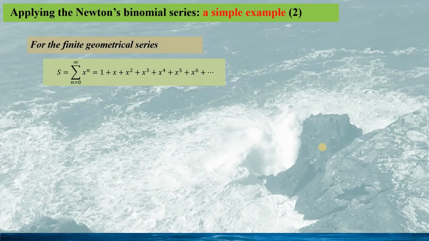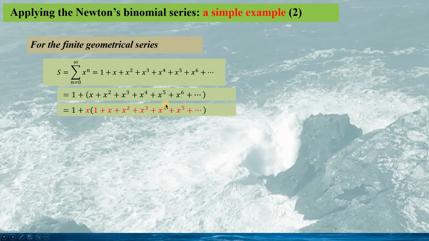Here in this slide, a discussion would be made for this simple binomial series, and we will see how this problem can be simply solved. As we see, this is an infinite geometric series, so we use capital S to represent the value of the series. The next step is to group some terms together, see here, and then we take x out of this group, the bracket.